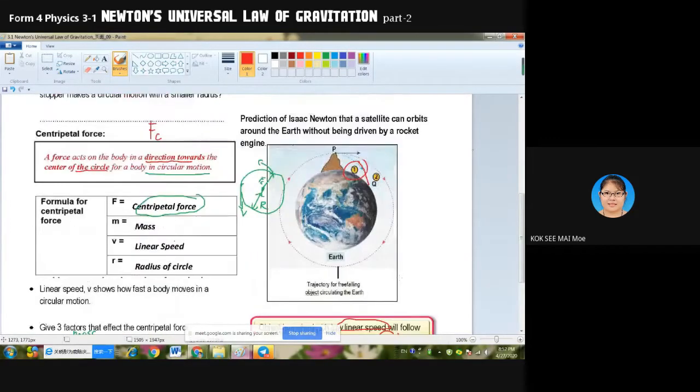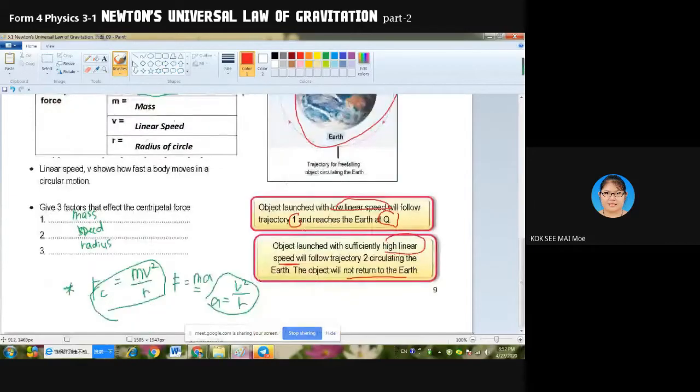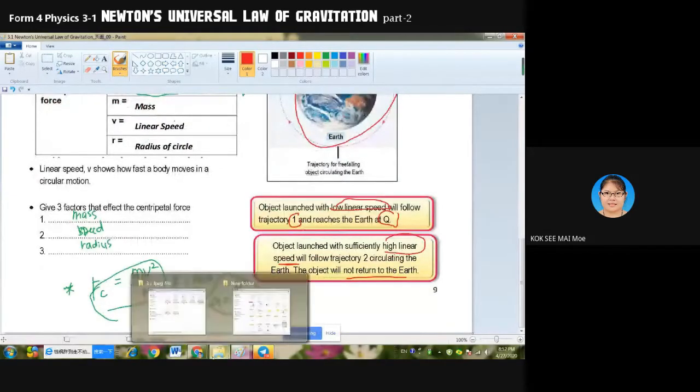It will continue circling around the Earth. They just want to show that when you move faster, you never crash into the Earth, you continuously rotate around it. This is Isaac Newton's law. Then we continue to see the next one.